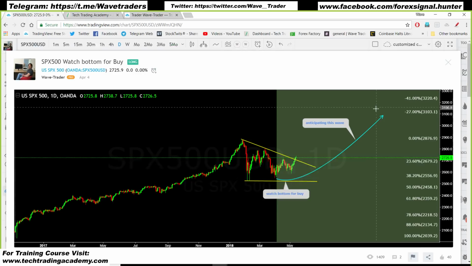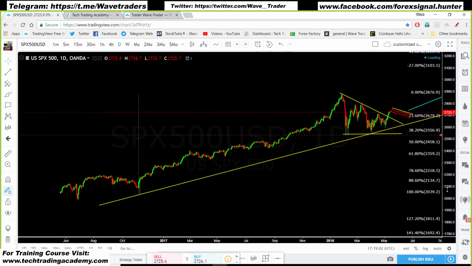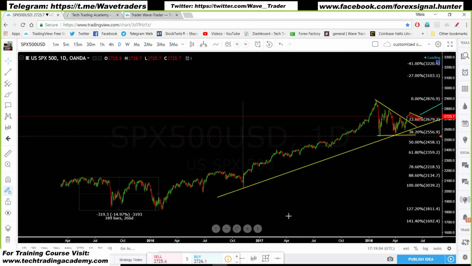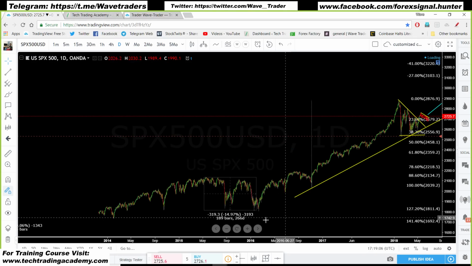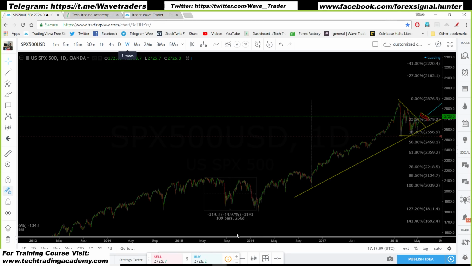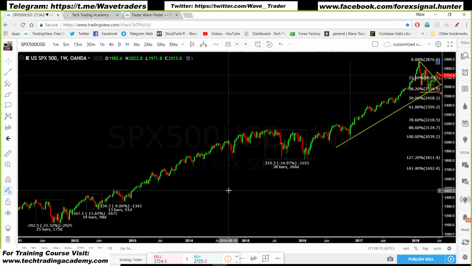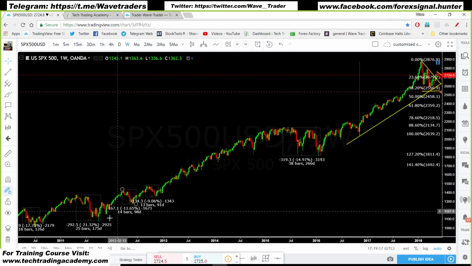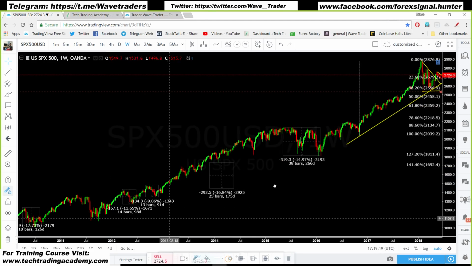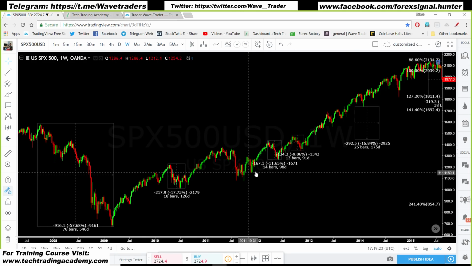The pattern you are saying it formed in 2012, let me look at that triangle. Which triangle are you talking about? Not sure which one, this one or 2012.